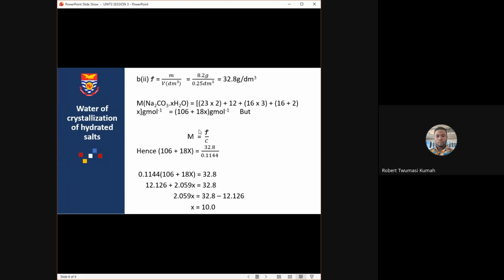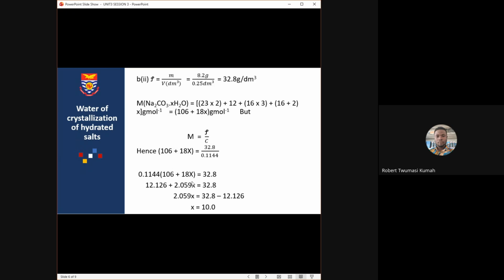Now, from the molar mass using the relative atomic mass, we had X standing alone. So we can write molar mass equals molar mass. One of the molar masses we are taking from the relative atomic masses. The other molar mass we are taking from the formula that relates mass concentration, amount concentration and the molar mass itself, such that when we equate the two, X will now be standing alone.